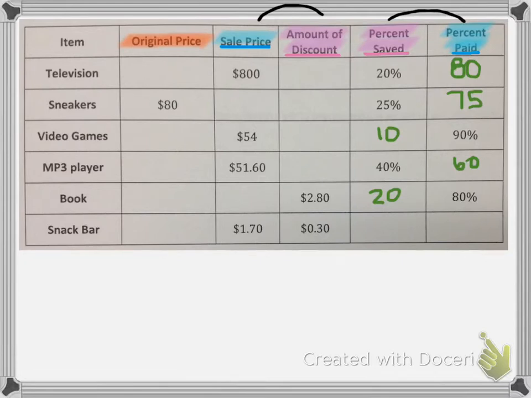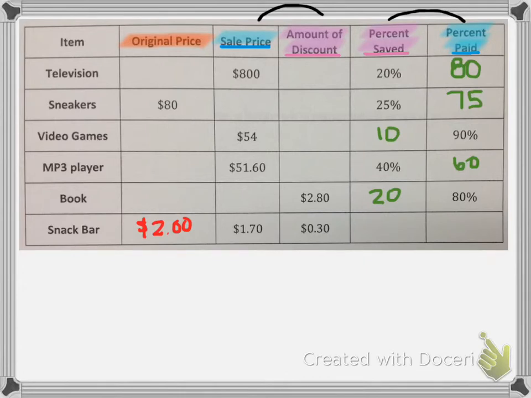I can take the 30 cents that I save and the $1.70 that I pay and add those together, and I know that it's going to be $2 here. So I know the original price is going to be $2. I paid $1.70, I saved 30 cents, add them together, I get the $2. But then I'm going to have to use that information to find the percent saved or paid. And we'll get to that in a second.